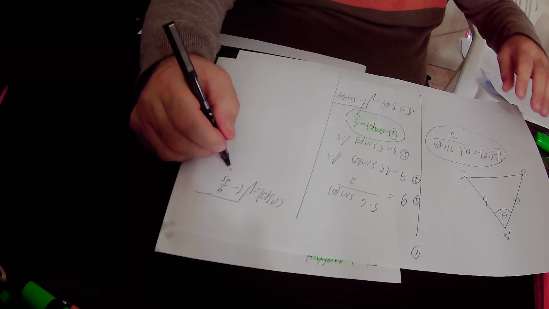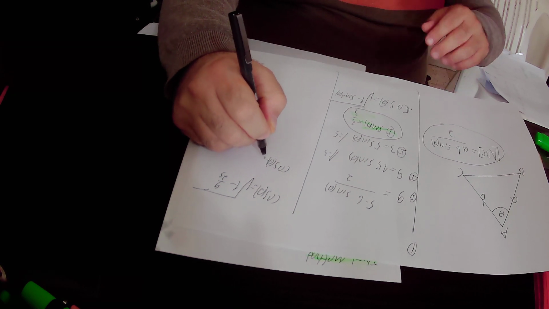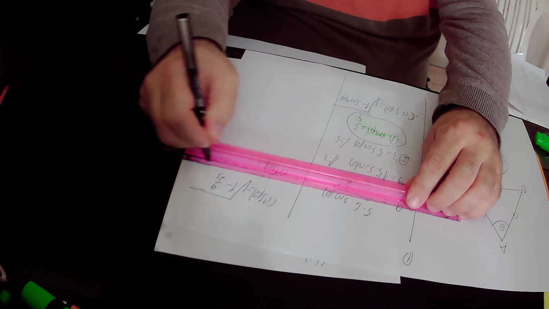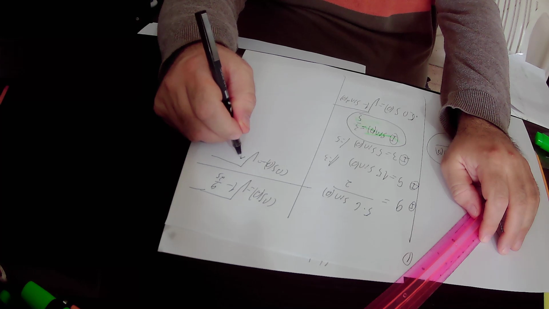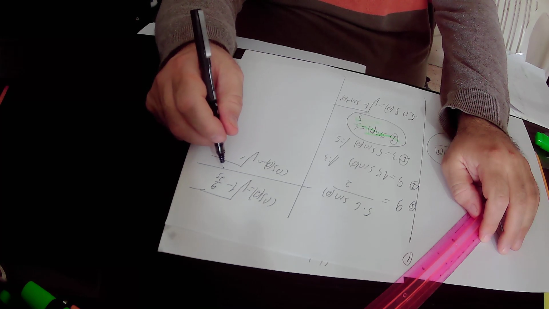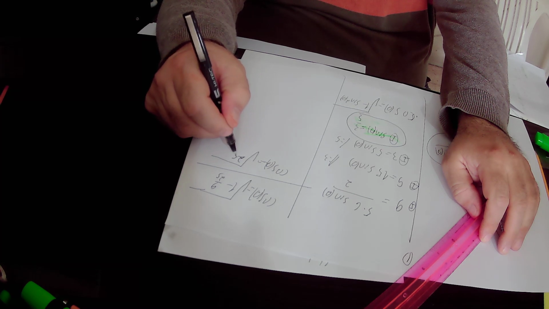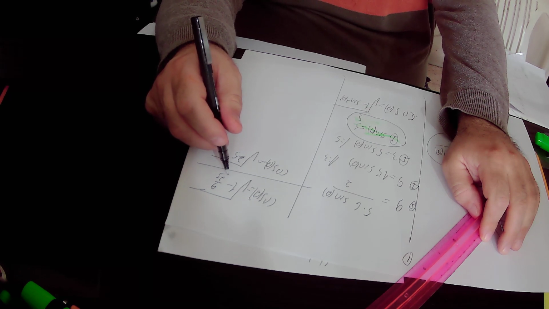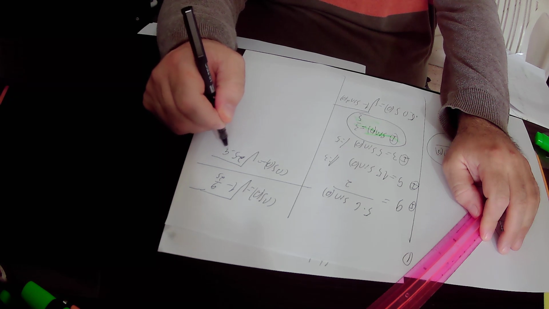So here we find out that cosine theta equals the square root of 1 minus 9 over 25. Here we multiply 1 by 25 and divide it by 25 in order to have a common denominator with this expression. So we will get that cosine theta equals the square root of 25 minus 9 over 25.